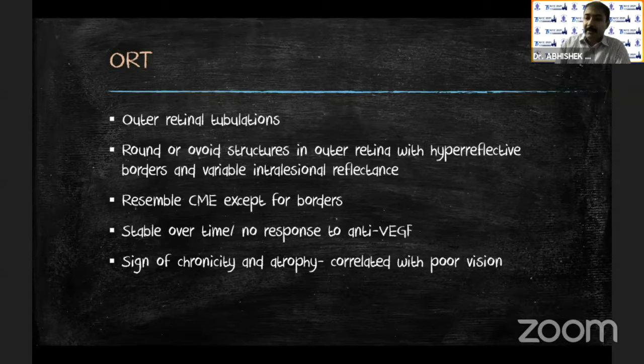Somebody may call it intraretinal fluid, and though it resembles CME, what is different between CME and ORT is the presence of hyperreflective borders. This is not present in routine CME fluid or intraretinal cysts. These are usually stable over time, and they have no response to anti-VEGF. It's important to recognize them so that you don't keep on injecting in the hope of drying these. They are a sign of chronicity and atrophy, and they are usually related with pretty poor vision.